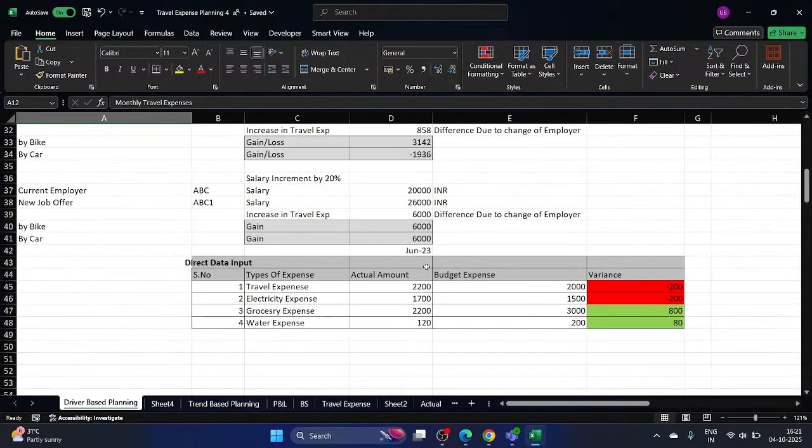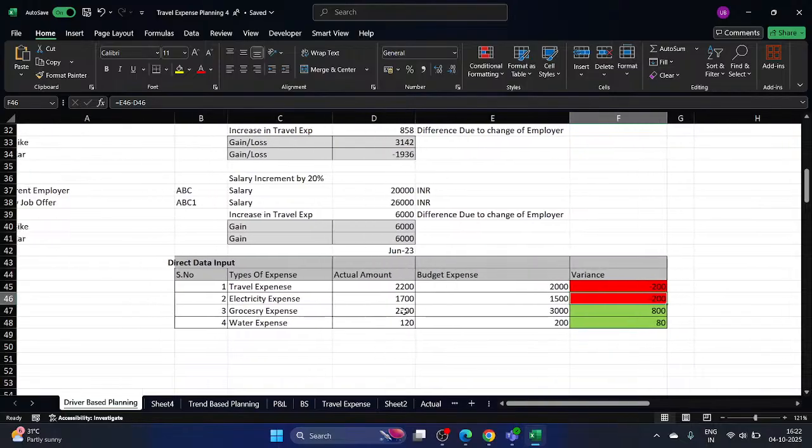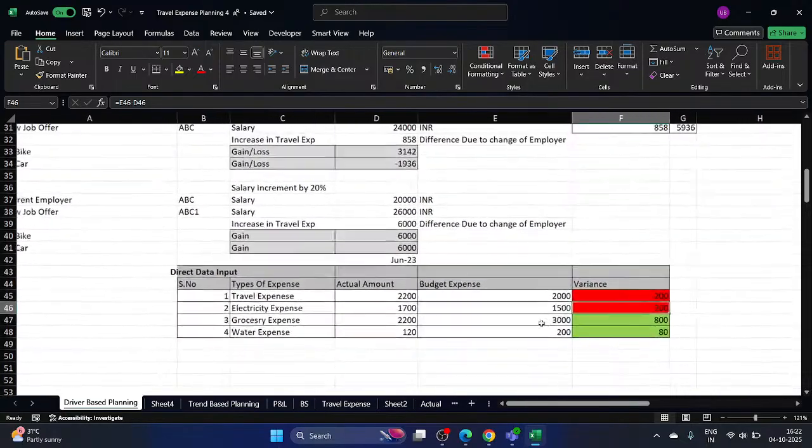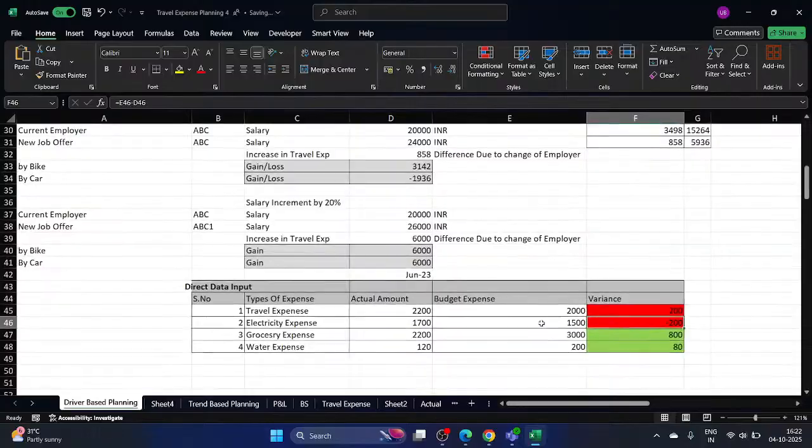Direct data input. Here the types of expense are the actual expense or the budgeted expense, and the variance would be quite different. The electricity expense is actual expense 1700 and the budgeted expense 1500. So the variance would be here also. The variance is between actual and budgeted.